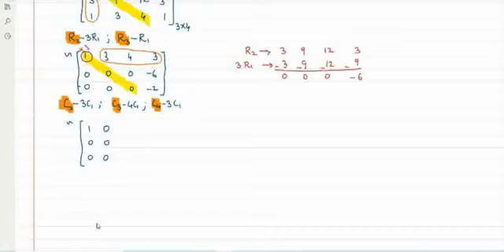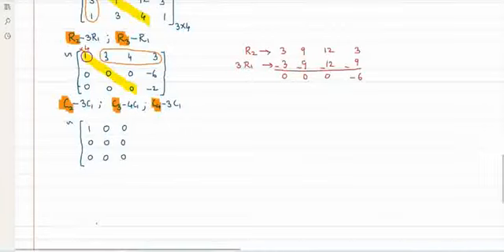Now applying column transformation, that's why I'm writing column wise. So the next one, multiply by 4 for the next transformation, and their subtraction. What is the resultant? 0, 0, 0. Correct. Now the next one, multiply by 3 and their subtraction.